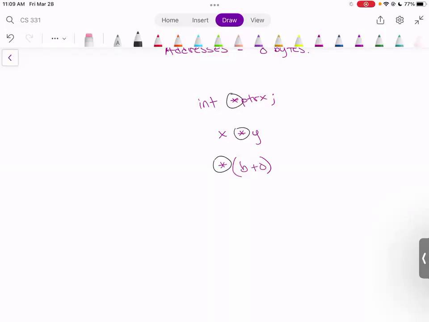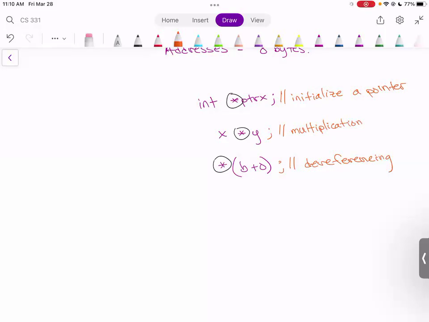The context of when the star is used gives it a different meaning. For the first one, the star is used to initialize a pointer. For the second one, what is the star used for? Good, times, multiplication. Excellent. And the third one? Dereferencing. Excellent.